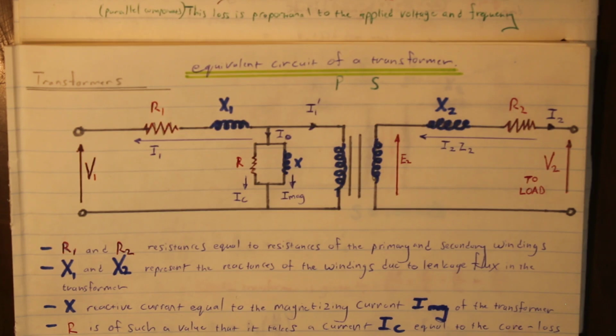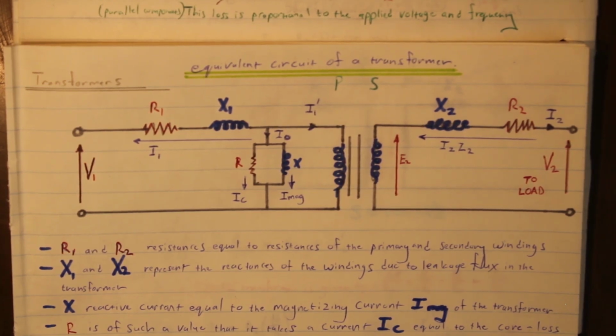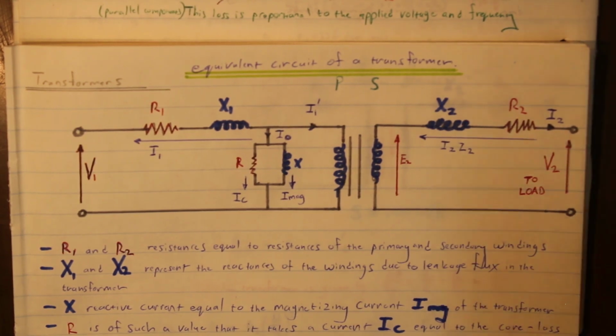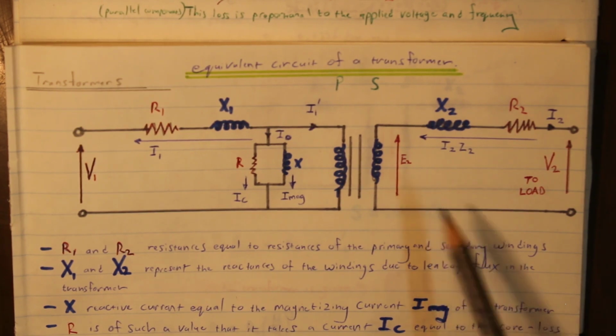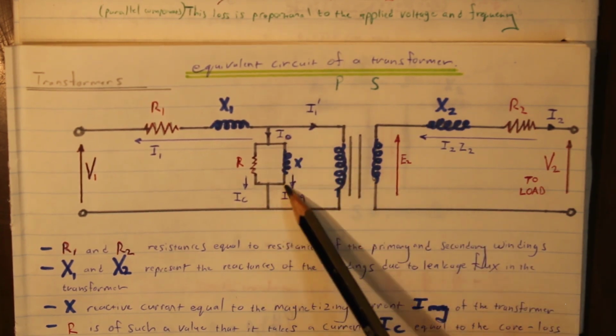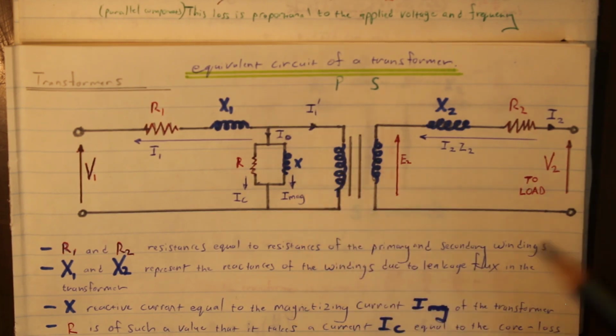So we're going to continue with the equivalent circuit of a transformer, and I just want to show you a few things quickly in this video. In the last video we looked at this equivalent circuit of a transformer, and we looked at these shunt components over here, and we said we're going to take them out because they don't affect the calculations too much.